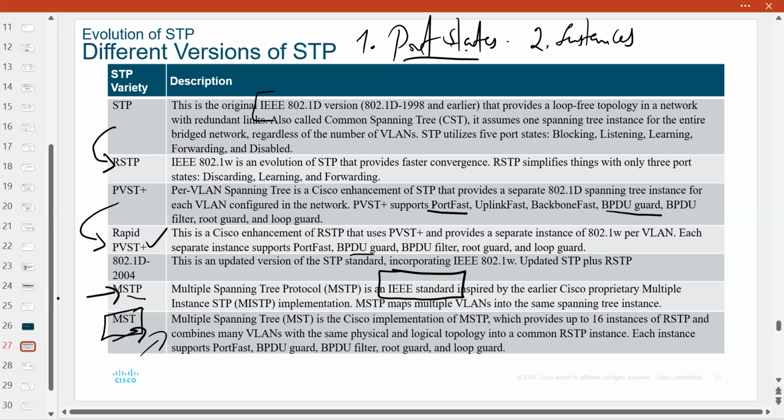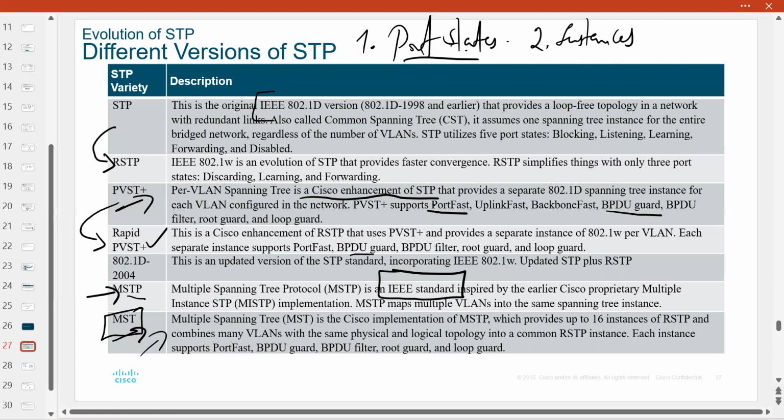The function basically remains the same. As you can see, PVST is a Cisco enhancement of STP as well. You will be questioned on knowing which are Cisco's, which are for everyone, and which are for all vendors.